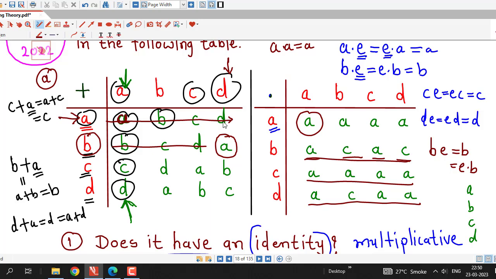That means B plus D equal to A, and we can check for D plus A also.